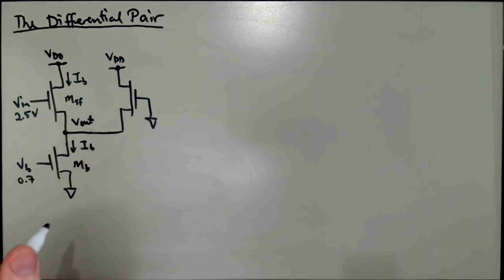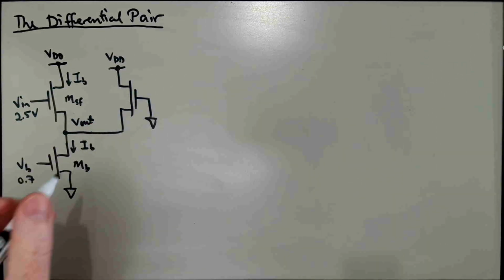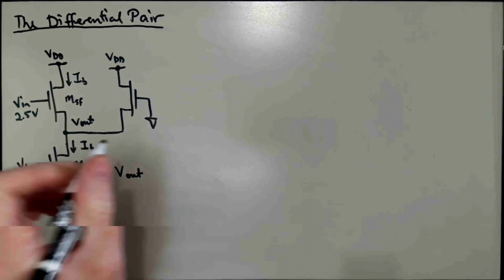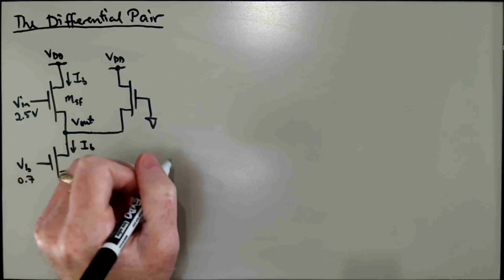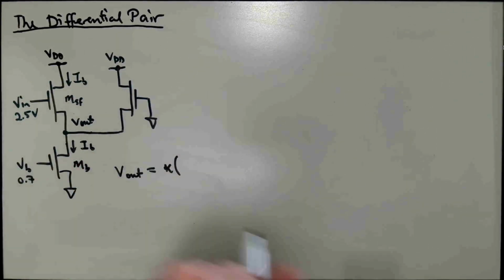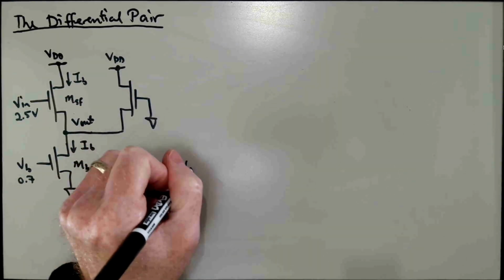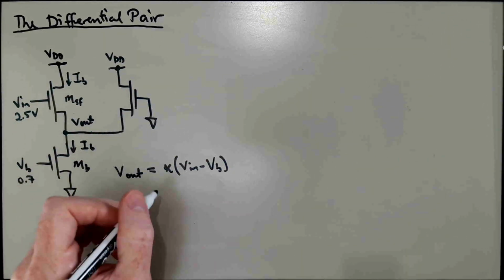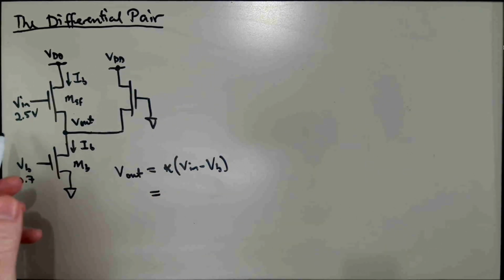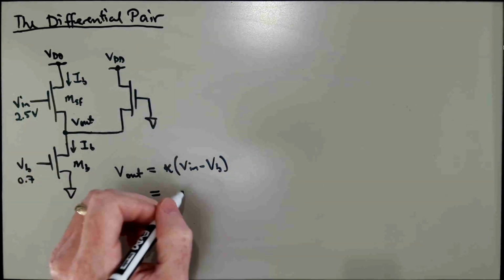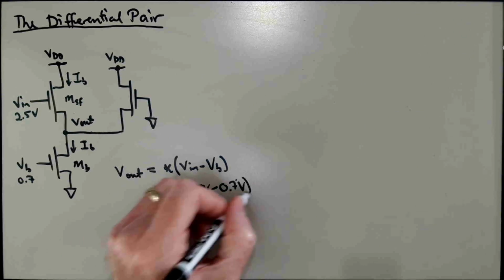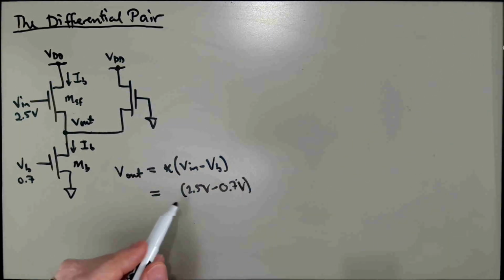Well, before we added that transistor, the second transistor, Vout was given by kappa times Vn minus Vb. And so let's say, for the sake of argument here, our numbers that we've assumed give us 2.5 volts minus 0.7 volts, which is going to be 1.8 volts.